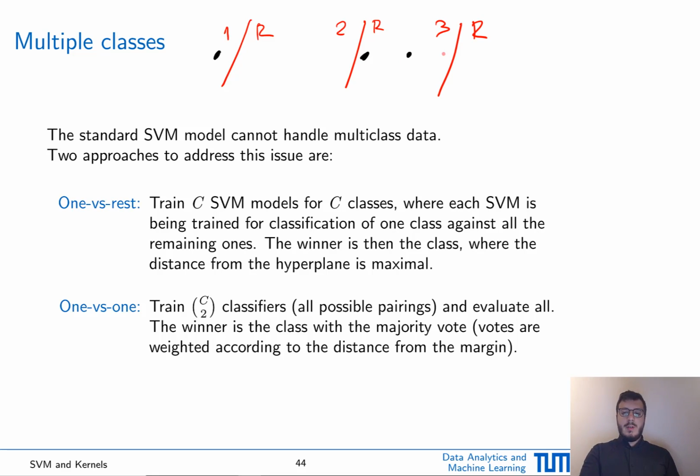So which one of these two do we choose? The rule that people use is that we should choose the class where the distance to the margin is larger. In this case, the distance to the margin for class 3 is larger than the distance to the margin for class 1. So we would predict class 3.